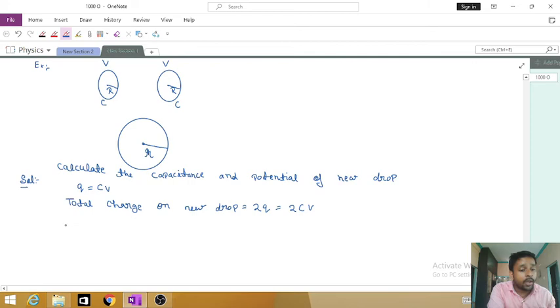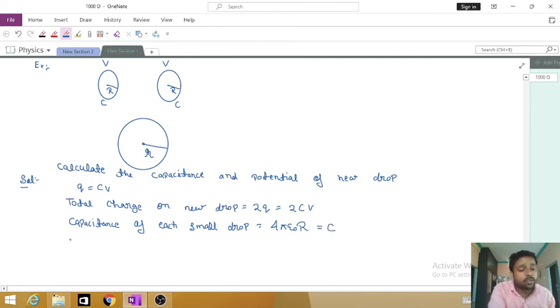So the capacitance of each small drop is C equal to 4 pi epsilon naught into R. This is the capacitance, which is given in the question as C.